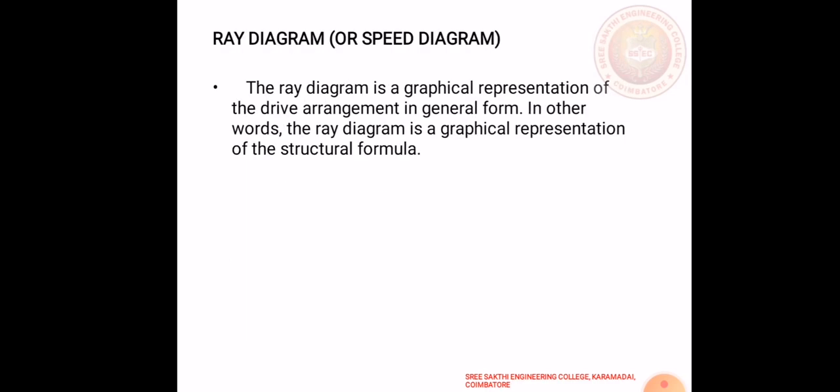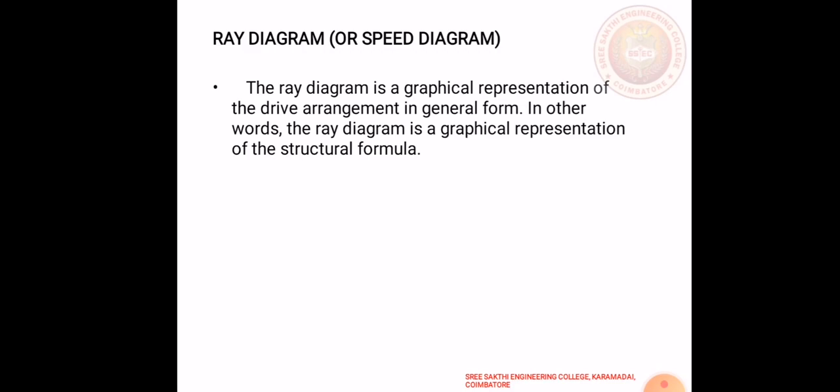Next, ray diagram, also called speed diagram. The ray diagram is a graphical representation of the drive arrangements in general form. In other words, the ray diagram is a graphical representation of the structural formula. It gives information for designing a gearbox, that is, the number of stages required, the number of speeds in each stage, the order of the kinematic layout of the stages, and the total number of speeds available at the spindle.